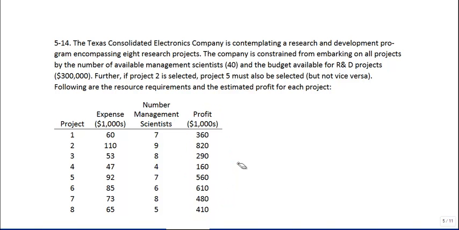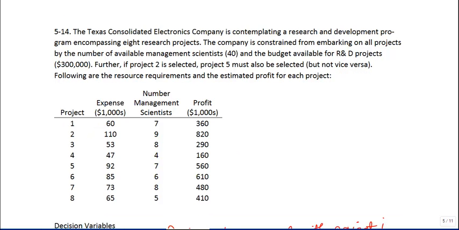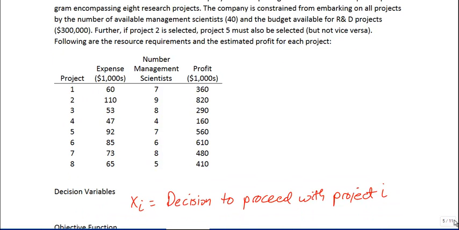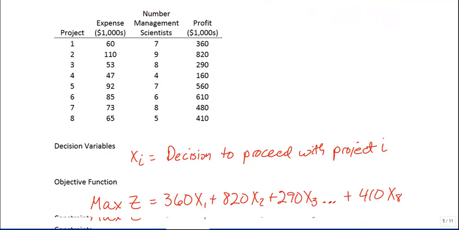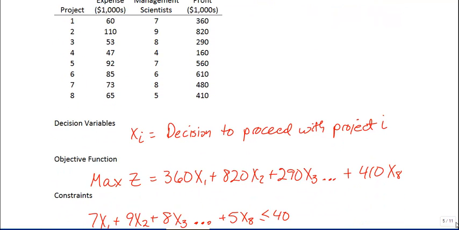So our decision variables will be the decision to take on project i, for i from 1 to 8. And our objective function will be to maximize profit: 360x1 plus 820x2 plus 290x3 and so forth, running right down our profits.